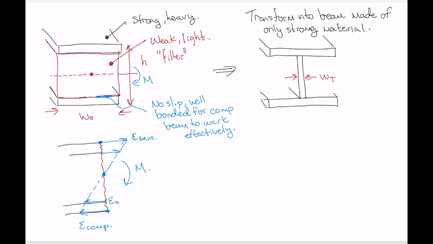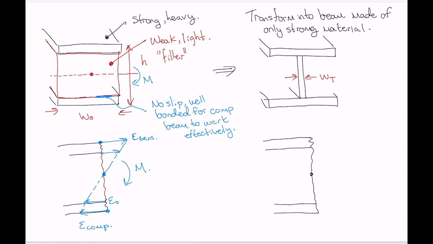When we transform the beam, we have to size that center piece of material that we're replacing the filler with, a piece of material sized so that we have that exact same strain profile over the cross section.